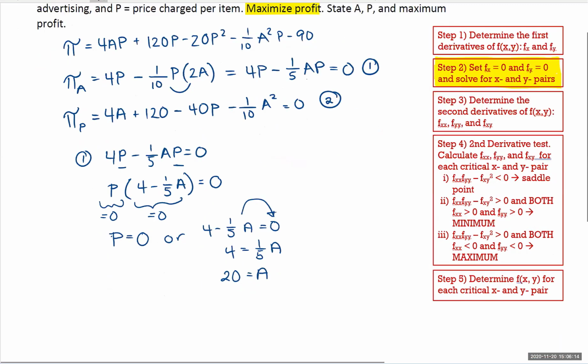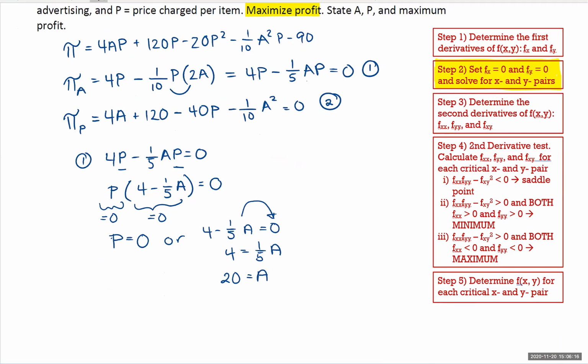So now I have the solutions: P is equal to 0 or A is equal to 20 will make our first derivative, our partial derivative with respect to A, equal to 0. But we have to make sure that it will also work to make our second equation here equal to 0.